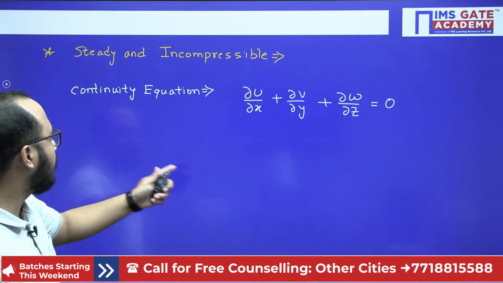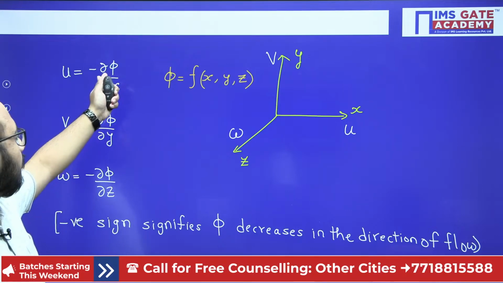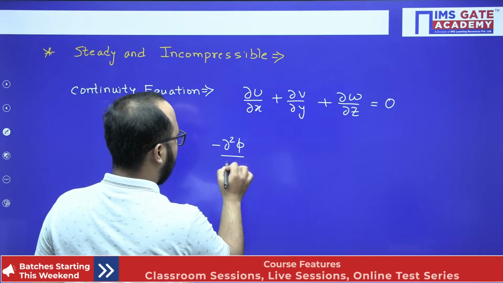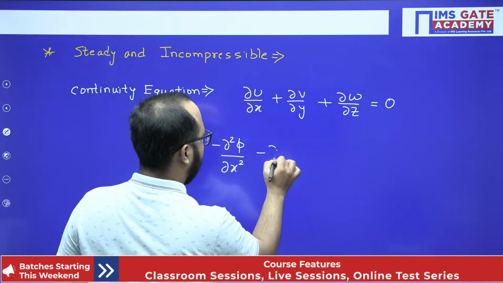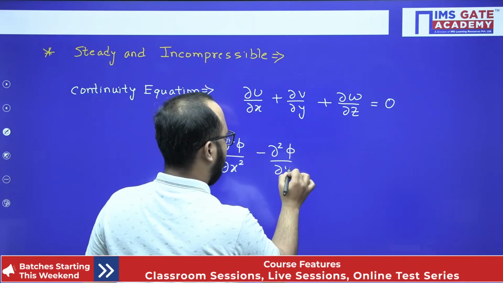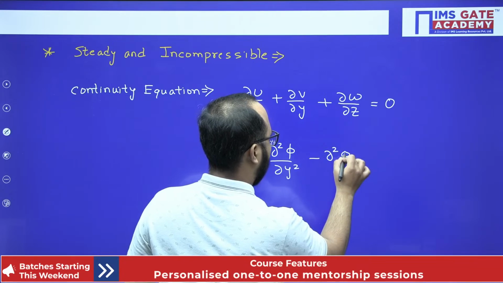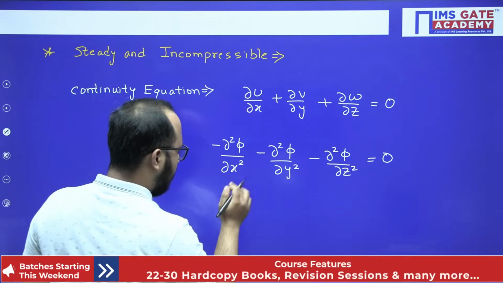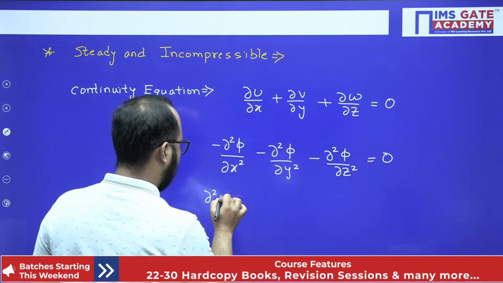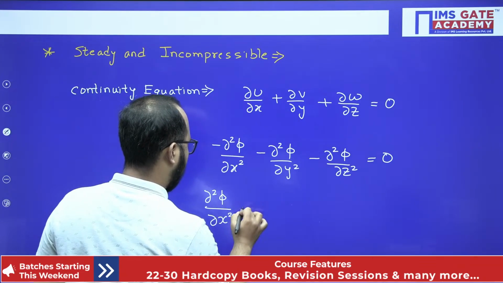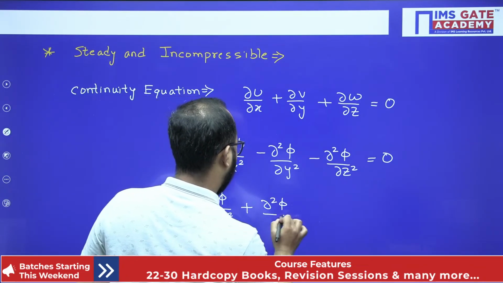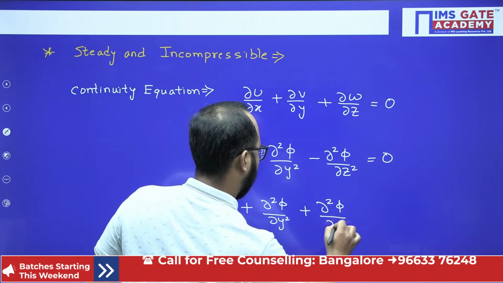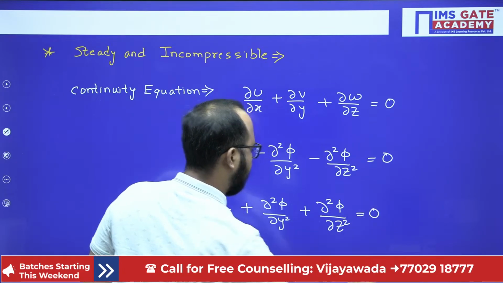Okay, so as u equals minus dou phi by dou x, it will be like this. Taking the negative sign out of this equation, it will become like this. Yes or no?